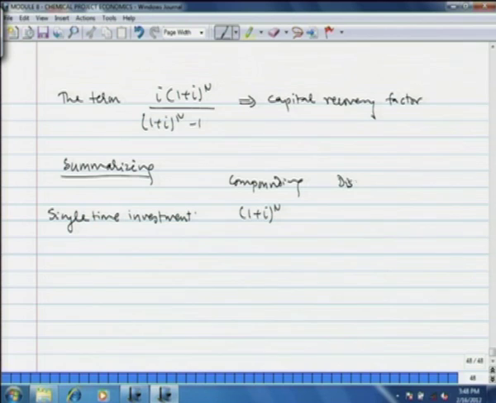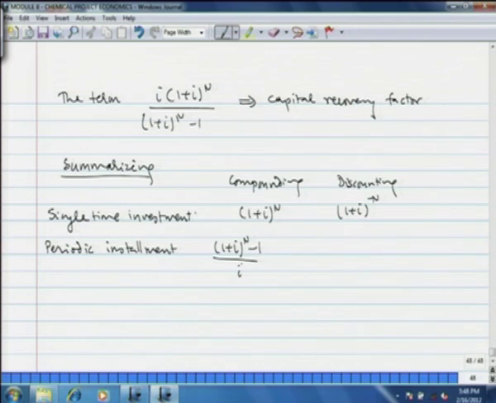Discounting factor is (1 plus i) to the power minus n. For investment with periodic installment, the compounding factor is ((1 plus i) to the power n minus 1) by i. The discounting factor is i divided by ((1 plus i) to the power n minus 1).